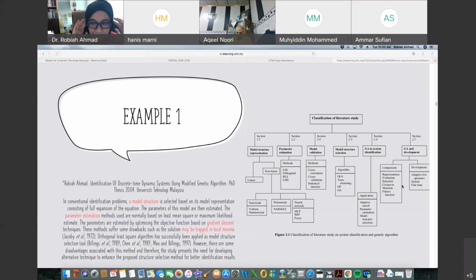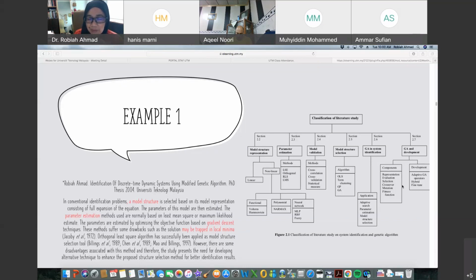So you must have in mind, at the end, when you read your literature, how do you want to structure your literature so that you understand, the next researcher will understand, the examiner will also understand, will go through smoothly. If you have a very smooth, very structured literature review, the examiner will not take long to read your thesis.